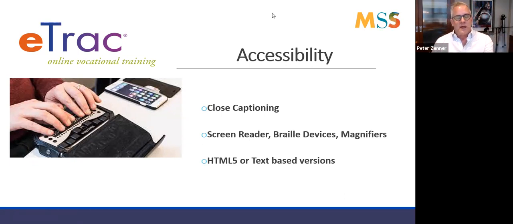As Randy just said, we have a partnership right now, which is really turning out to be outstanding with the State Society for the Blind. And they've offered to just put eTrack through the ringer to make sure that it is fully accessible. And what we're finding, they're pretty much telling us, we don't even know if you need the text-based version. The HTML5 version is so good that we feel that that is fully accessible.